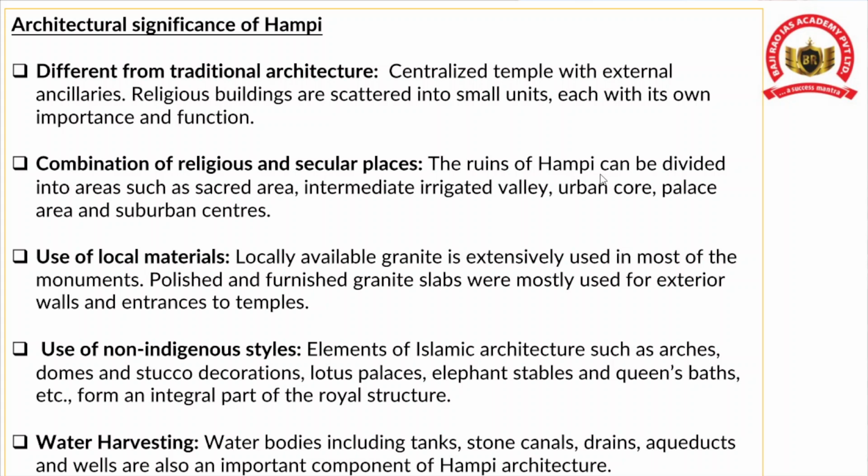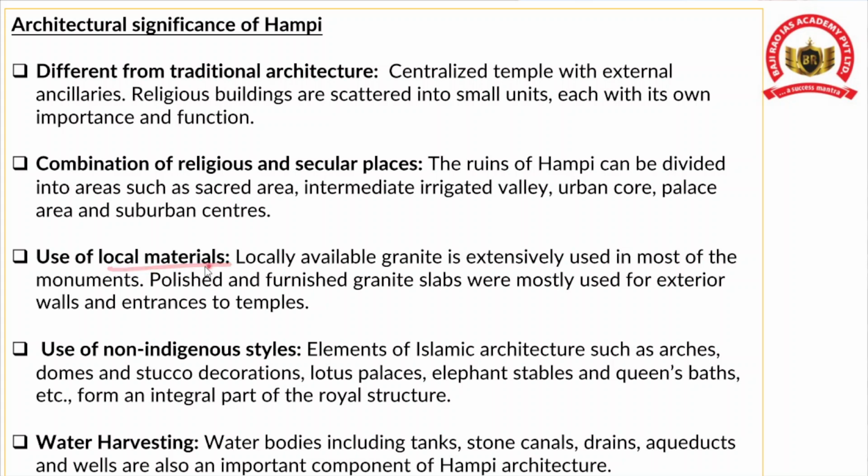The ruins can be divided into areas such as sacred area, intermediate irrigated valley, urban core, palace area, and suburban centers. So these were further divided into different parts, and this is the second architectural feature of Hampi. Now, after that, the Vijayanagara rulers in their architecture widely used the locally available materials.